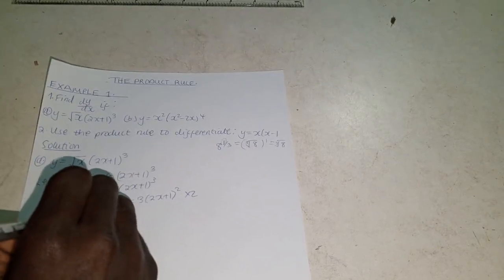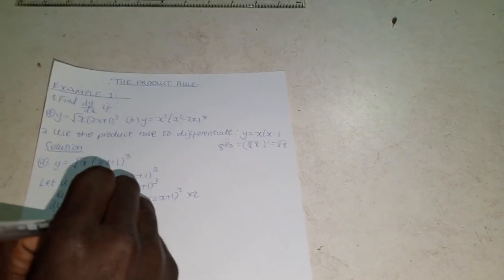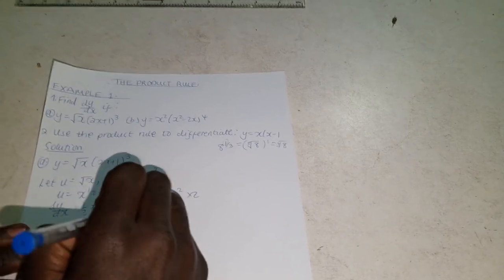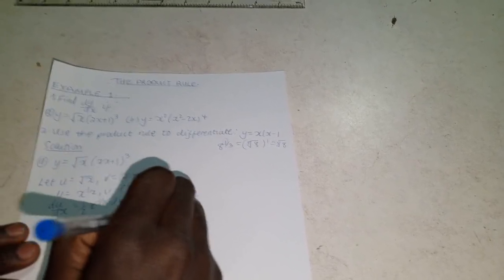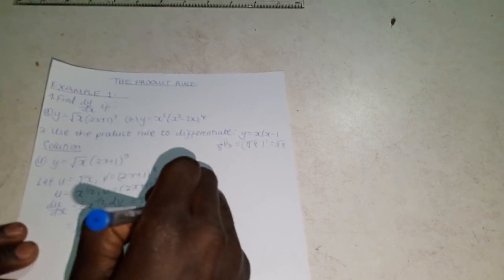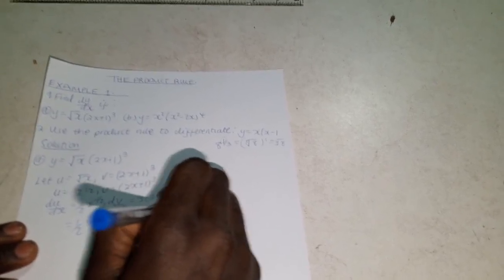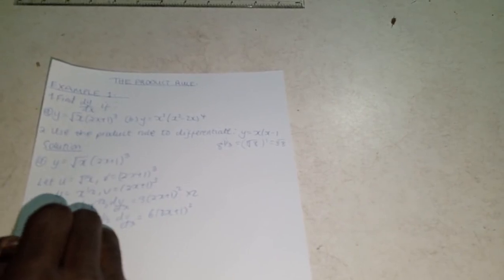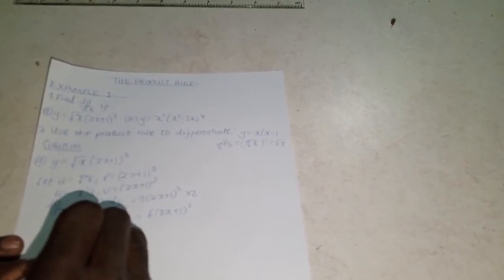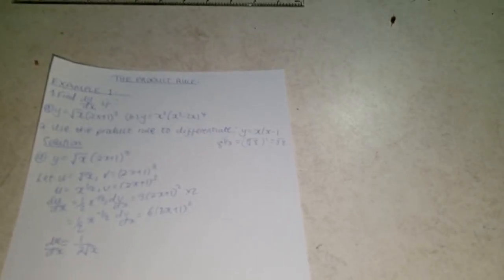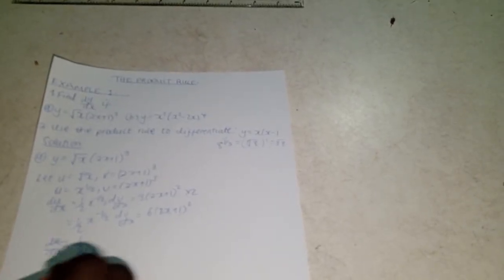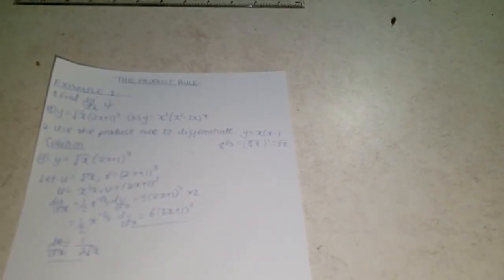So we're going to have du/dx equal to 1/2 x to the power negative half, and dv/dx is equal to 6 multiplied by (2x + 1) raised to the power 2. And then if you want, you can write this du/dx to be equal to 1 over 2 square root of x. And then we have du/dx is equal to that, dv/dx is equal to that.